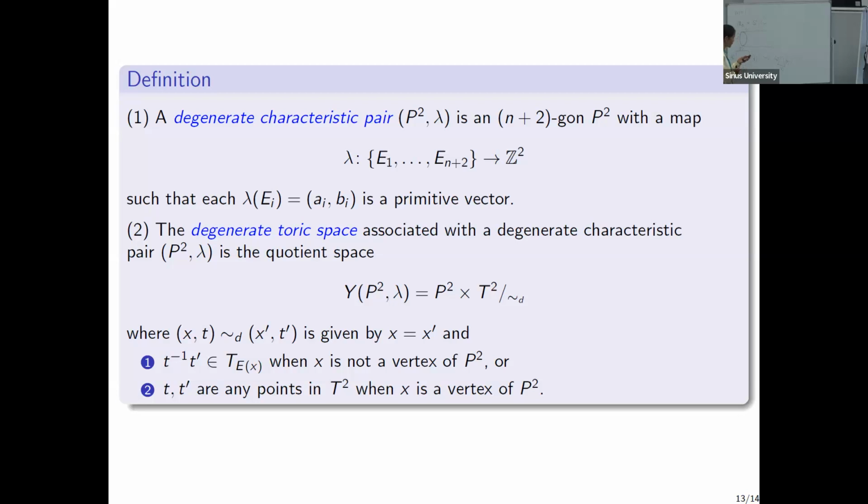So in this case, we can similarly define a quotient space given by P2 times T2 modulo the tilde relation. This tilde relation is similarly defined when the point is not a vertex, but when it is a vertex, we still quotient any point in the T2, regardless of whether the corresponding characteristic vectors are linearly independent or not.